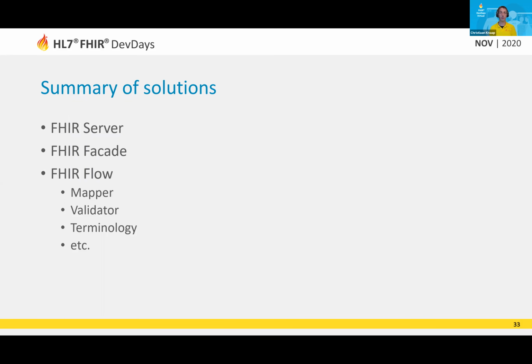To actually feed a FHIR server, we invented the FHIR Flow, and it consists of components like a mapper for mapping data structures, a validator for making sure your FHIR data is valid according to profiles from others or yourself, and terminology to make mappings from, let's say, something expressed in SNOMED that you actually need to be expressed in LOINC, etc., etc. And in this FHIR flow, you can mix and match these components to get the output that you want.